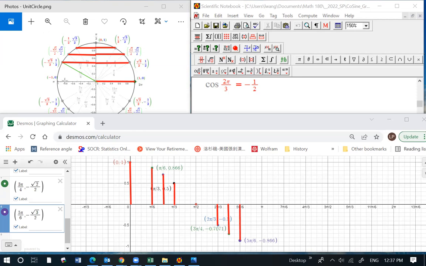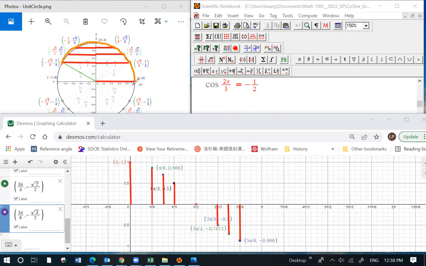For 5 pi over 6, we have not been drawing those arc lengths yet, right? So I'm going to draw the arc length of 5 pi over 6, focusing on some points. So this is the arc length 5 pi over 6, measured counterclockwise.